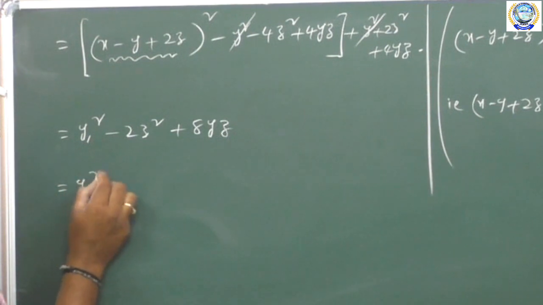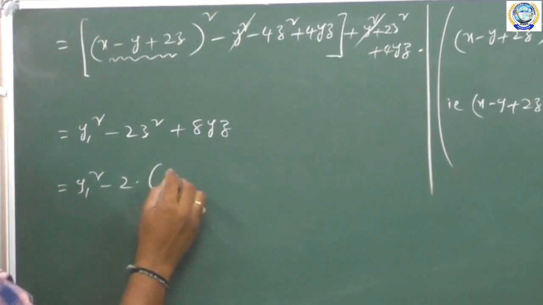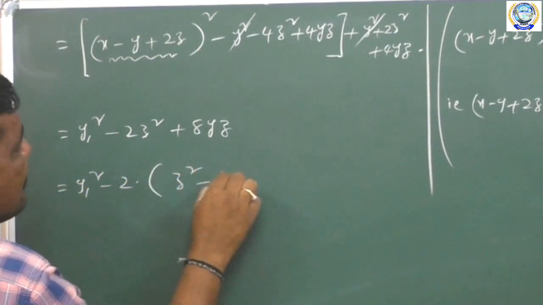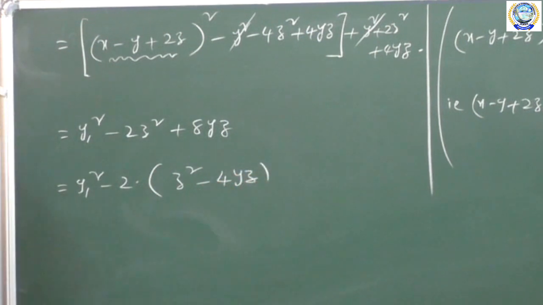So from this, y1 square minus 2 into z square minus 4yz, 2 will be common in these two terms.